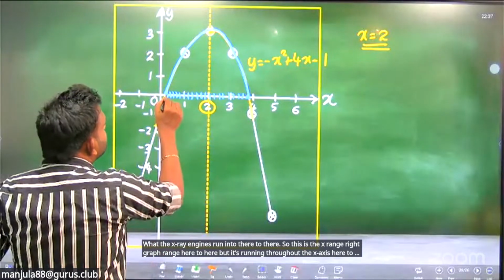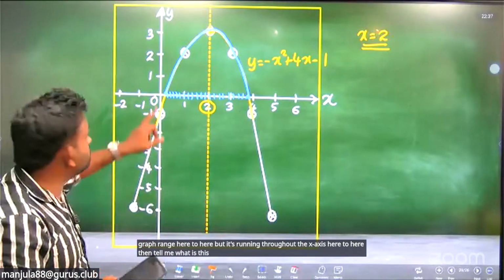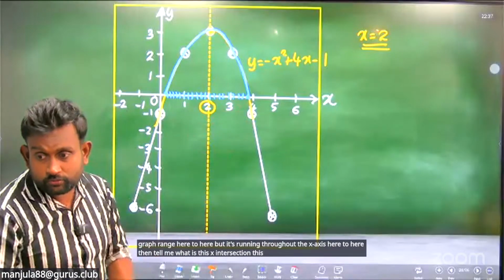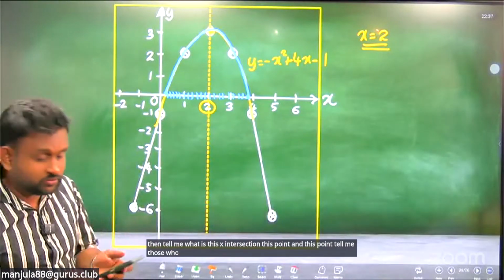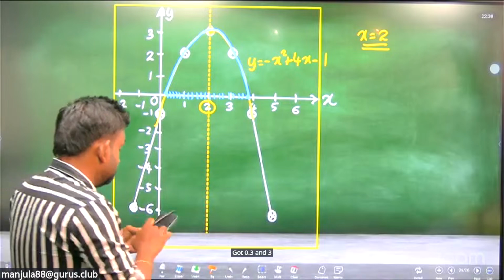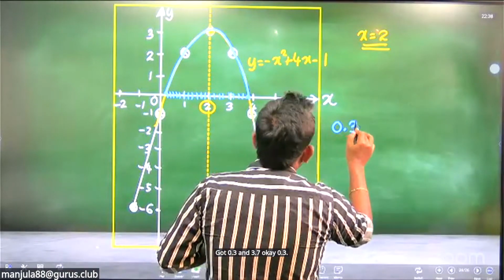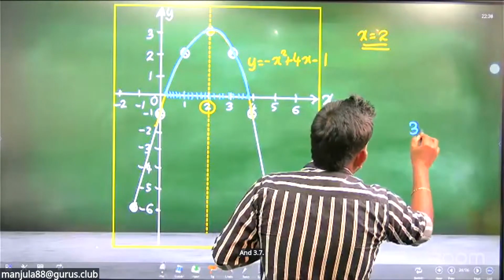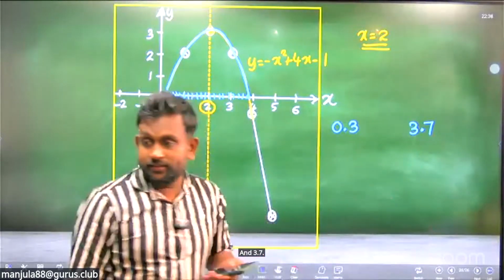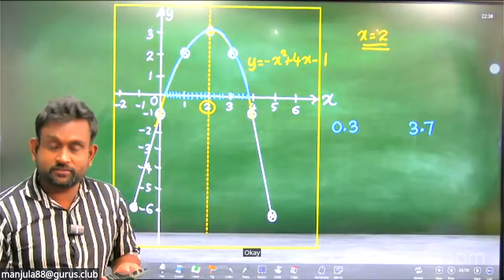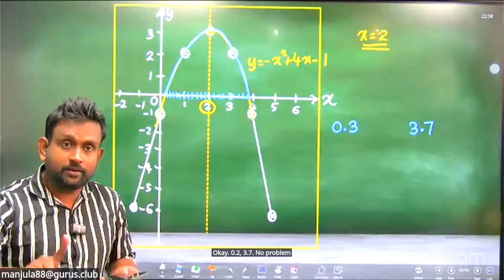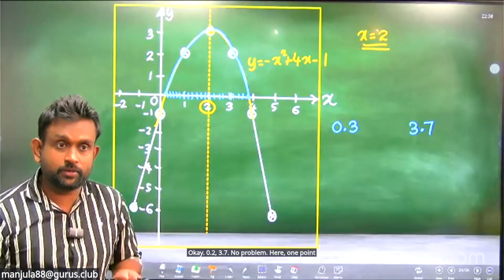Then tell me what is this x intersection, this point and this point. Tell me, those who got 0.3 and 3.7. Okay, 0.2 and 3.7, no problem. Here a point-one error is acceptable, right?